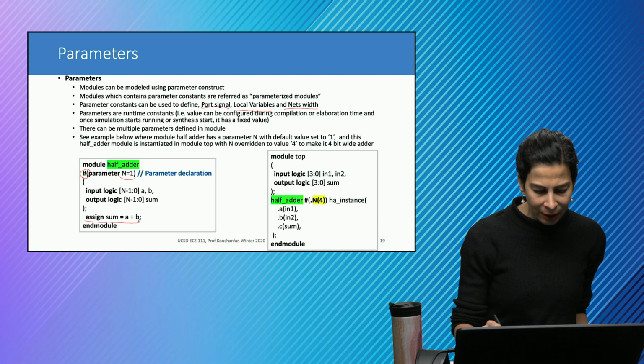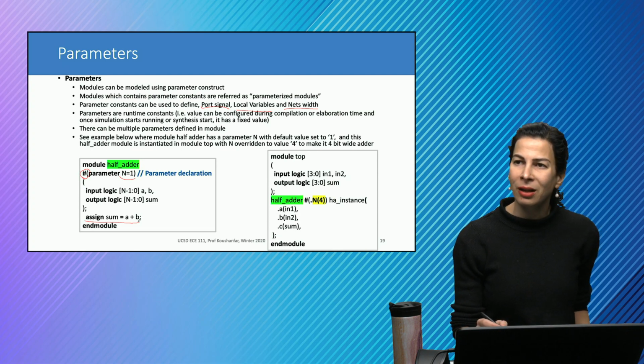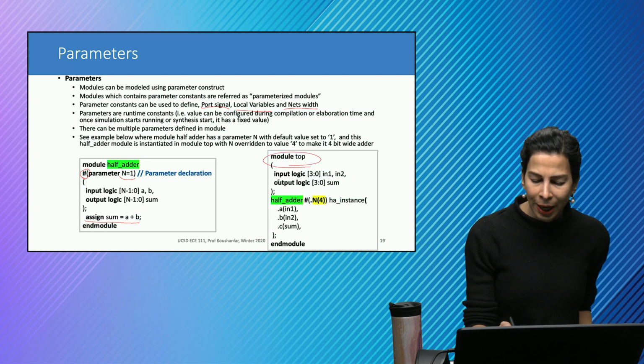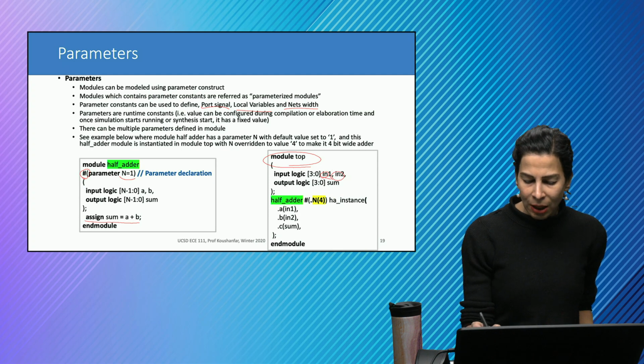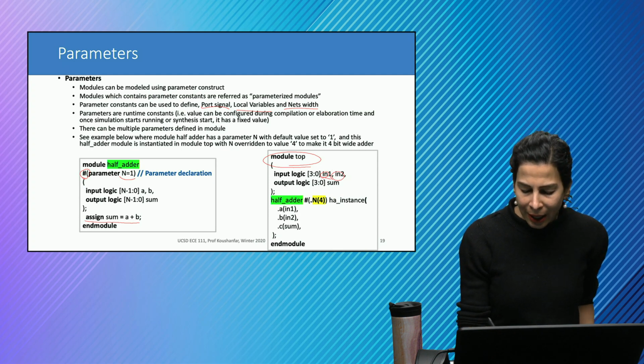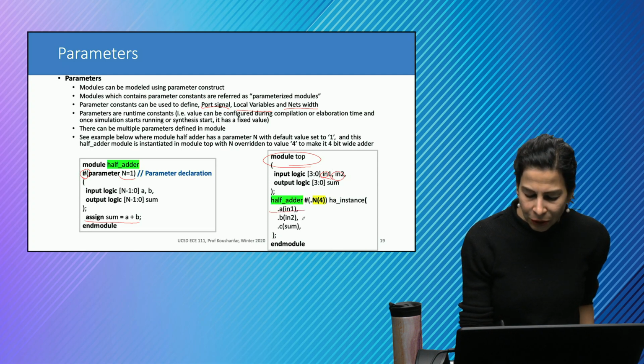Here, notice that we use that dot notation that we just learned for connecting the ports. In the top module, we have the input and output specified, and then in 1 and in 2 are going to be passed to the adder, and the sum is going to be here.